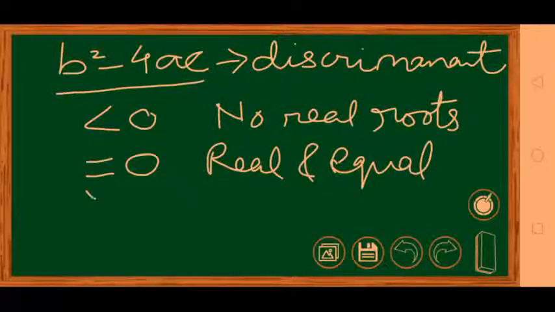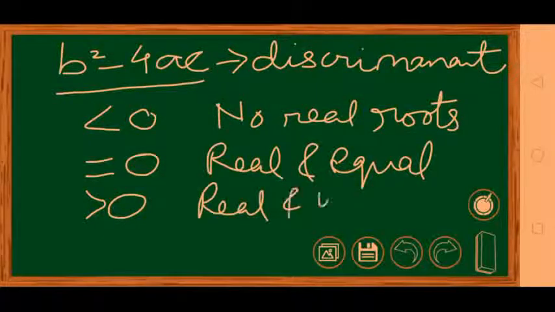And if your b square minus 4ac is greater than 0, then you are going to have real and unequal roots. Unequal means you will get two values and both values will be different. When you solve, don't you get two values of x? Sometimes you get the same number in both places, sometimes you get different.